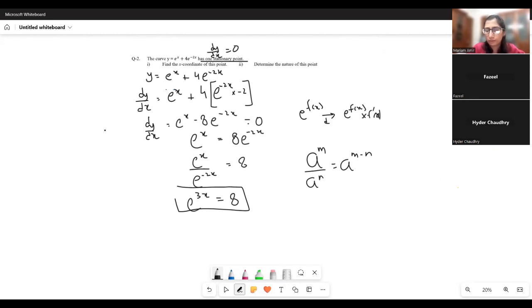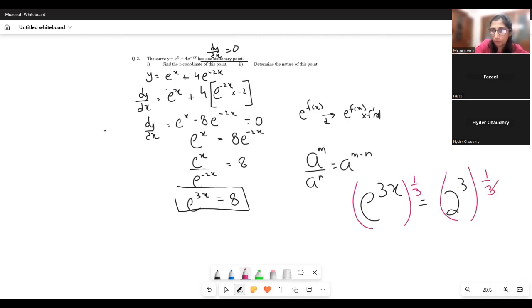Ma'am, 3 will cancel out on both sides, then e power x equals 2. How does 3 cancel? Ma'am, because power 3 is with e, and if we take the cube root of 8 then 2 comes out. Okay, you're saying e power 3x equals 2 cube, and then you're going to take cube root on both sides. So cube root is power 1 by 3 on both sides. Okay, and then this and this cancels, and this cancels. So e power x equals 2, and then what?